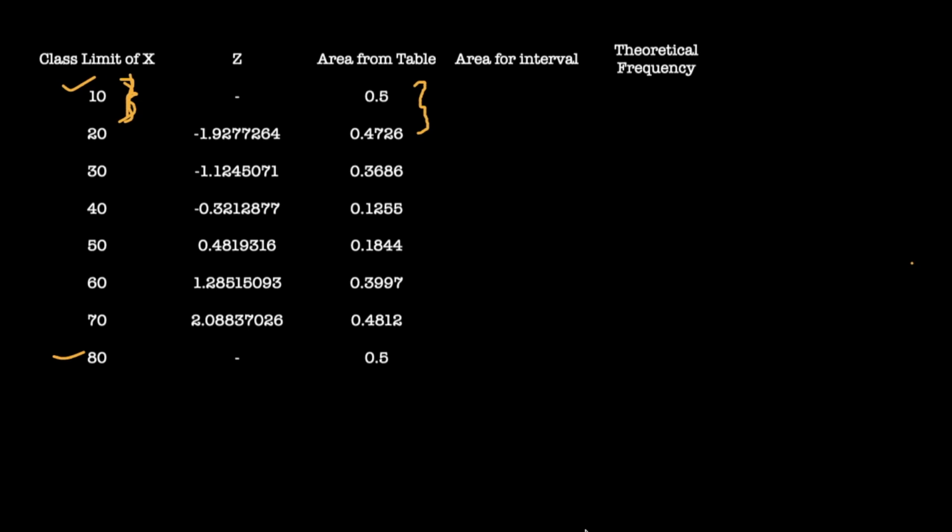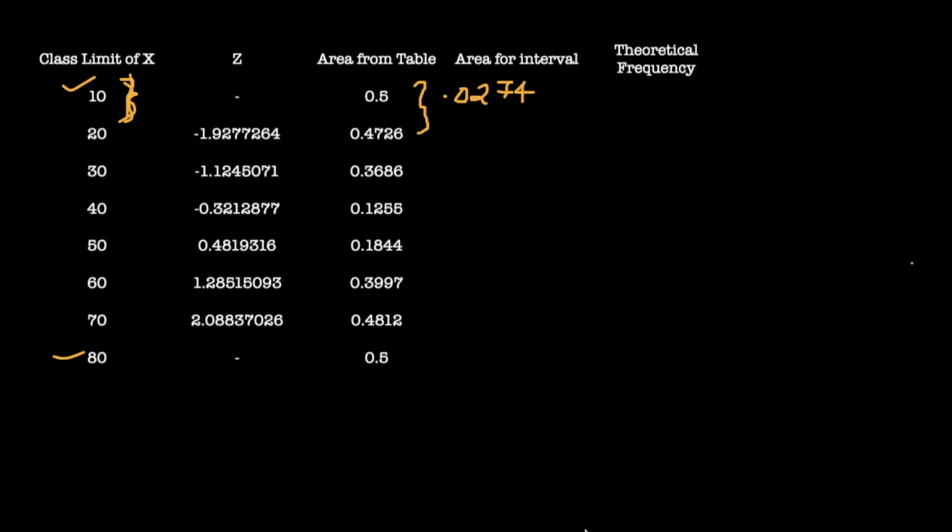As we have already discussed how to calculate the area under curve, we have to deduct, since these are on the same side of the curve, right? So the value will be 0.5000 minus 0.4726, which comes to around 0.0274, and we will write that value between these two values.